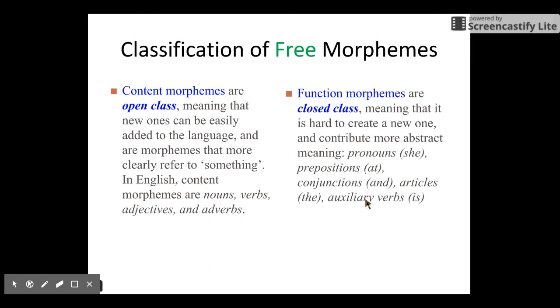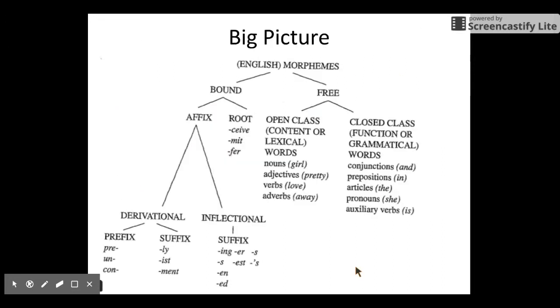This type of word is function morphemes, and they are relatively stable in the language system. It's hard to create a new one and add it into the system. Okay, we just covered this part.